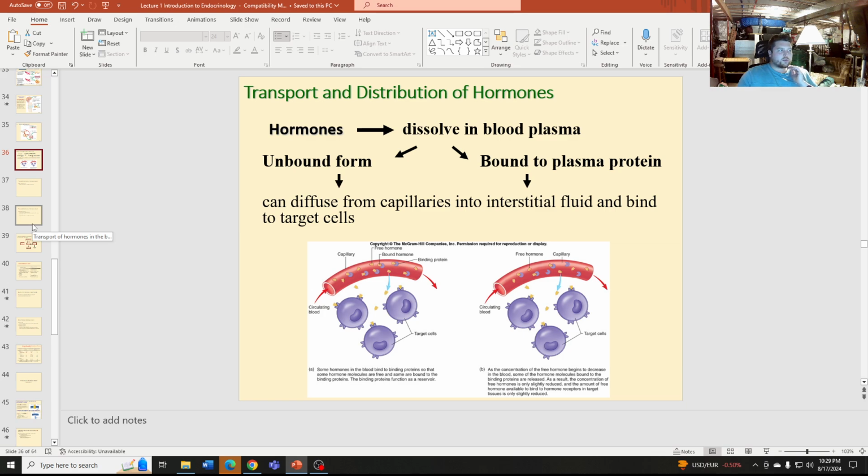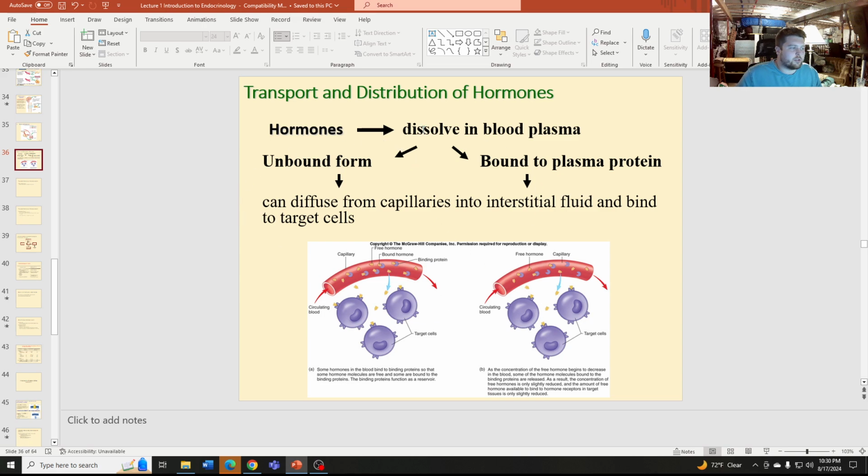Hormones themselves, the way that they travel, we said they use the blood. 2 different ways that they can go through the blood. They're either going to go in their unbound form, or they're bound to plasma protein. Think like albumin. It's one of the big ones for binding proteins and everything in the blood. Both of these forms can diffuse through the capillaries into the interstitial fluid and bind to the target cells.